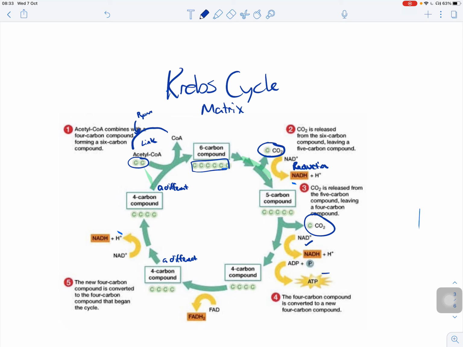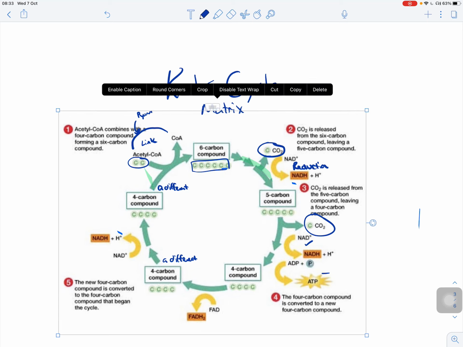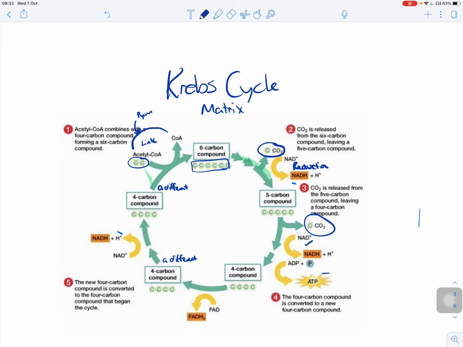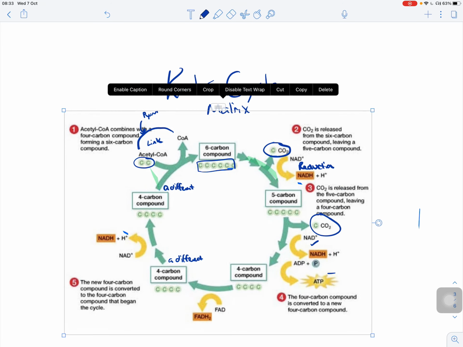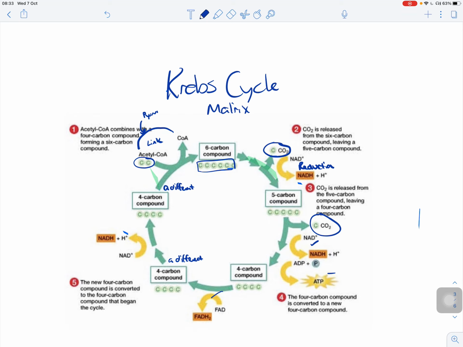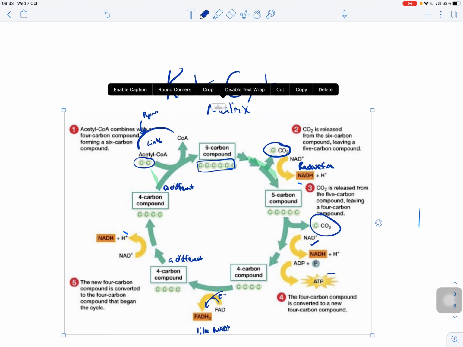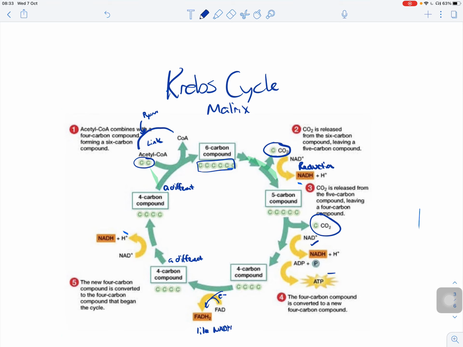So from this conversion here, we have another molecule. We get electrons here. So FADH2 is like NADH, but think of it this way. This is kind of a little scooter.